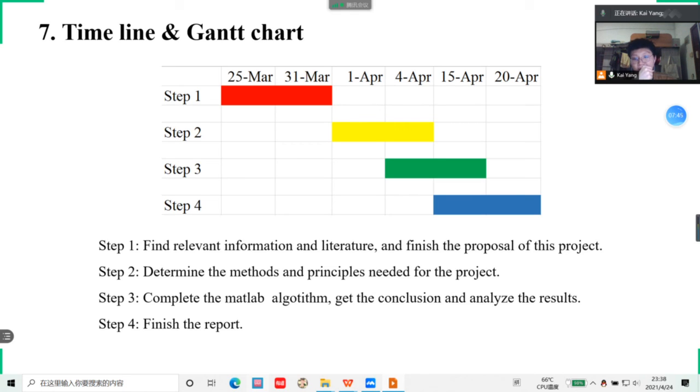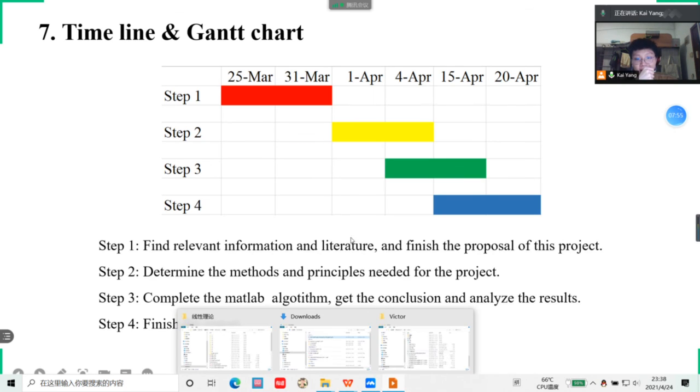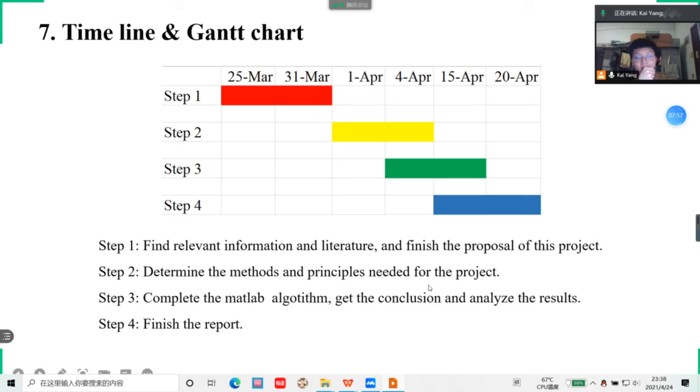For step 3, we complete the MATLAB algorithm, which is the simulation model in Simulink, and get the conclusion and analyze our waveform results. And for step 4, we have finished the report.